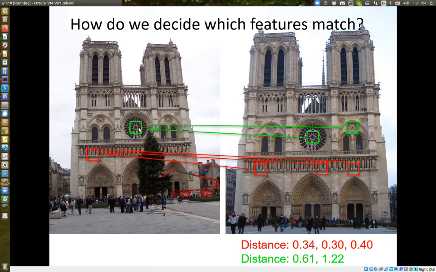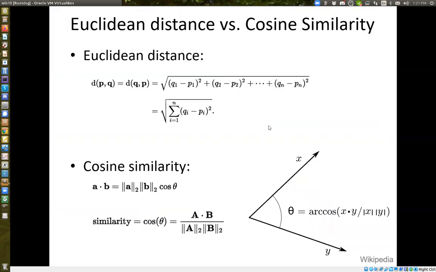Eventually I want to be able to match with the correct one, this one, instead of this one, or this one, this one. And of course I have the descriptor. If the descriptors are relatively similar, maybe we can just use the Euclidean distance to compare them.